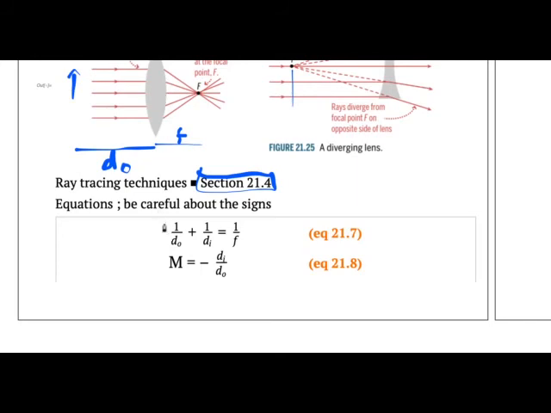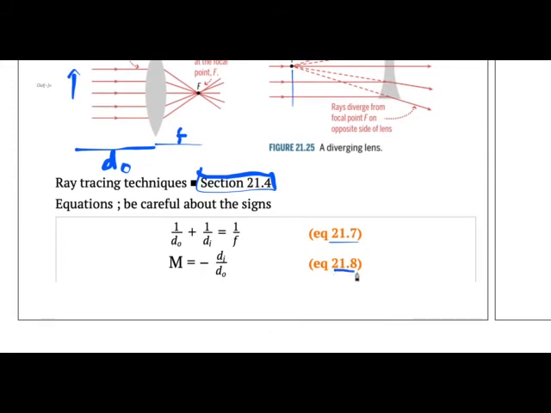Well, once again, we have this equation: 1 over dO plus 1 over dI is 1 over f. And that's equation 7, chapter 21. And again, we have the magnification of the image, the ratio of the size of the image to the size of the object, which is again negative dI over dO. So we have these equations, and it looks very simple, but it's deceptive. It's not as simple as it looks.